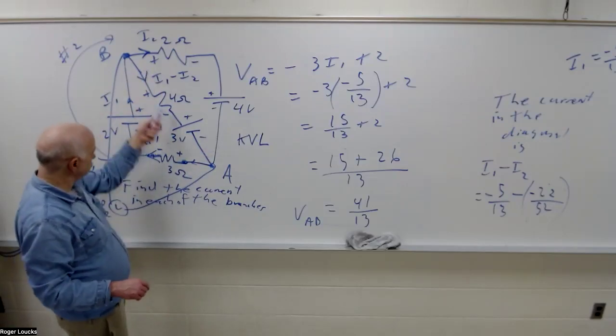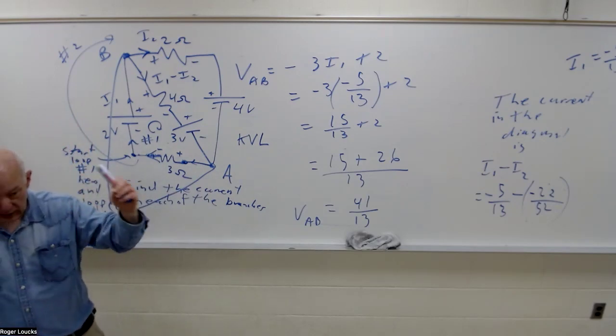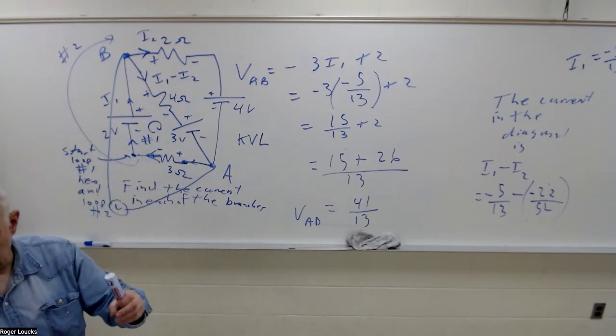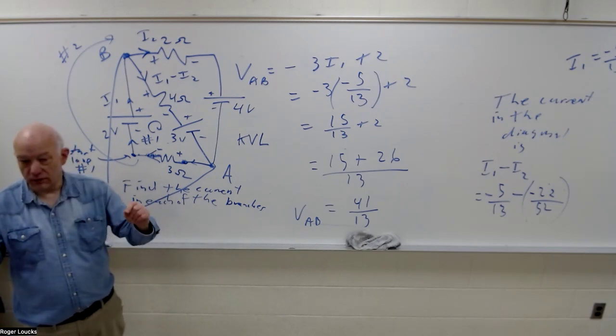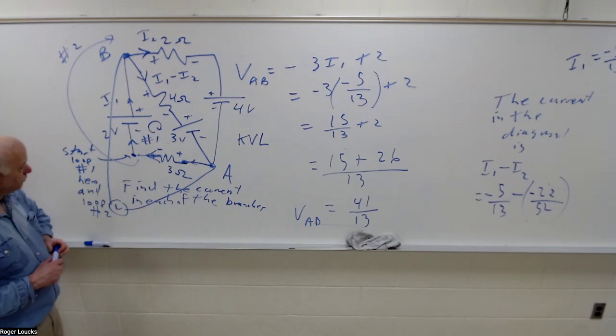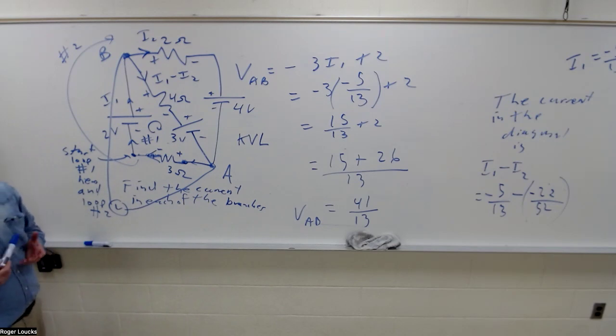So each of these branches are all in parallel. Their tops are connected, and all their bottoms are connected. And what do you know about voltage in parallel? Their voltages are the same. Make sense? Good. Okay.